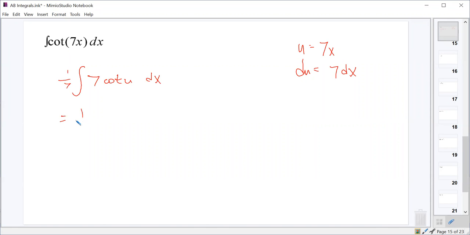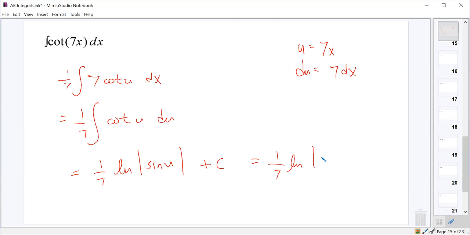And so this will give us 1/7 the integral of cotangent u du, where the 7 dx becomes our du, and we now know the integral of cotangent of u, right? This should become 1/7 natural log absolute value of, sorry, not of u, of sine of u, plus our constant. And then all we have to do is go back in and replace the u with 7x. And so we get 1/7 natural log absolute value sine 7x plus a constant.